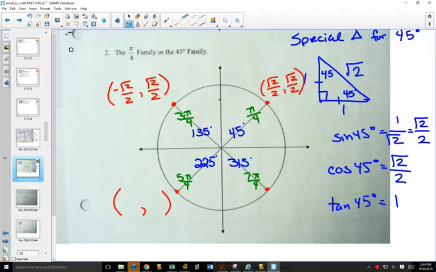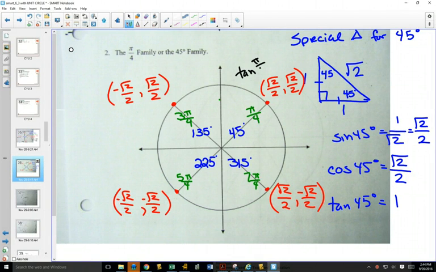So in quadrant 3, does it make sense that both of them will be negative? And in quadrant 4, the x coordinate will be positive and the y coordinate will be negative. Finally, we can figure out tan of pi over 4, that's going to be 1.